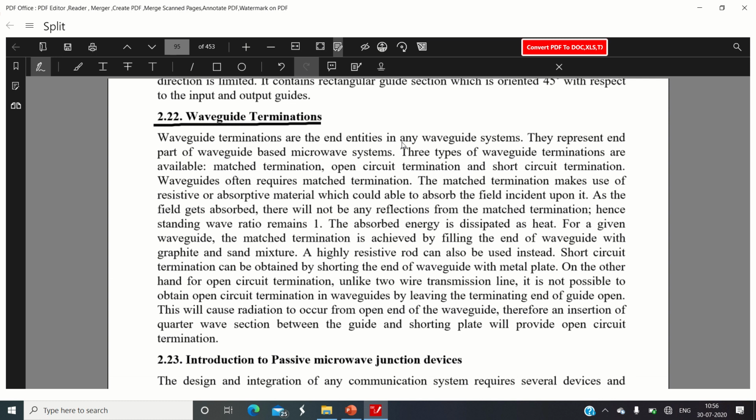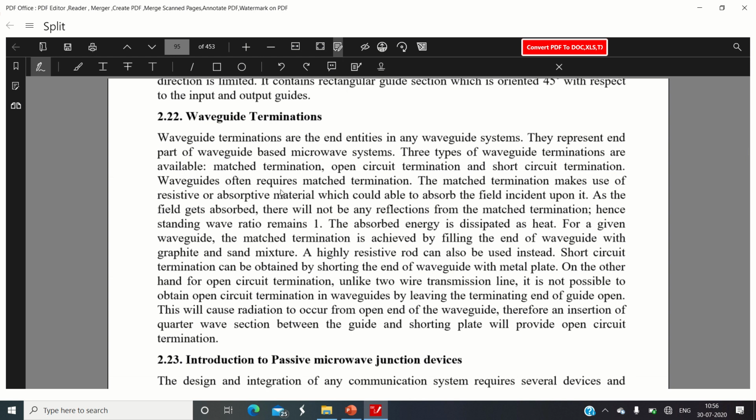They represent the end part of the waveguide based microwave system. Wherever we require an open circuit, short circuit, or match termination, these devices can be used, placed at the end of the circuit.